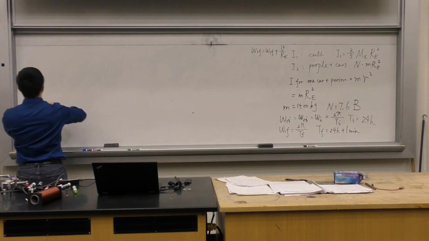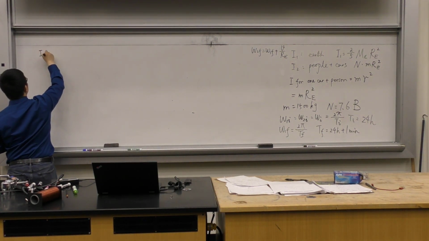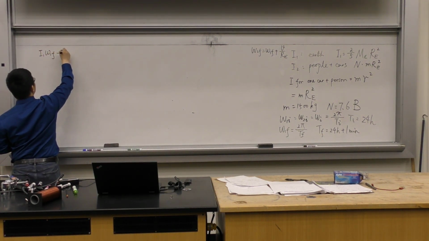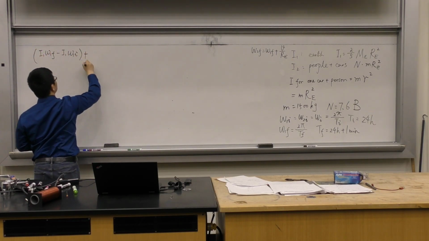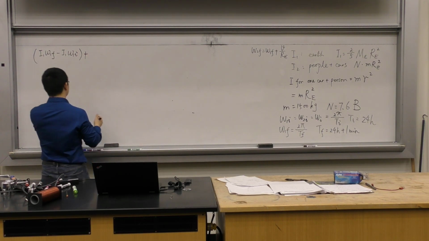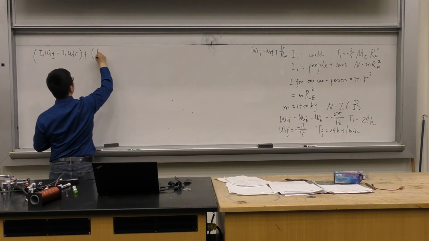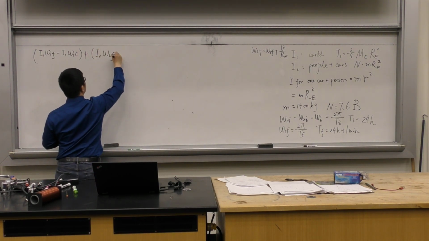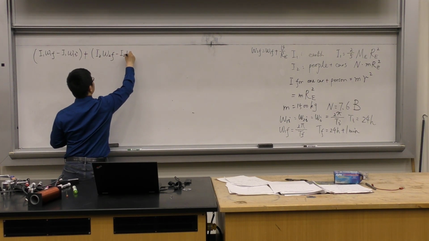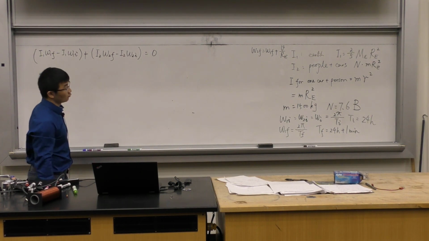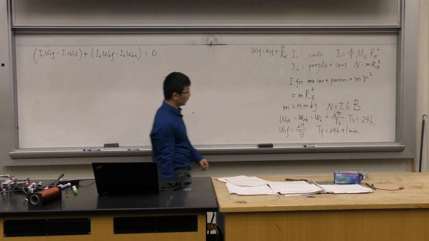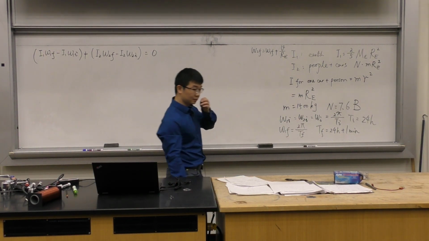Okay? So I'm going to do that here. I1 omega 1f minus I1 omega 1i. Okay? I hope you have done the math yourself already. The first thing I would do is that, because I know that omega 1i and omega 2i, they are the same, right?